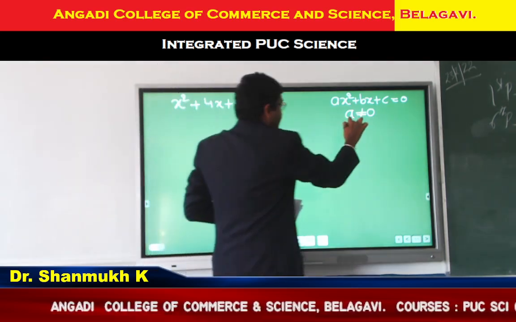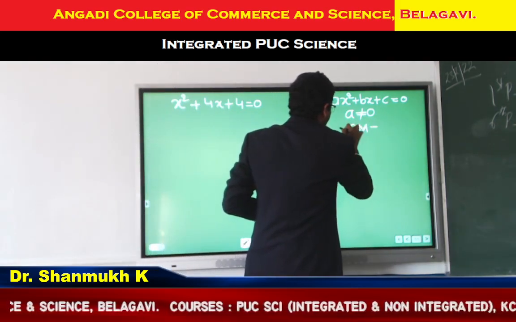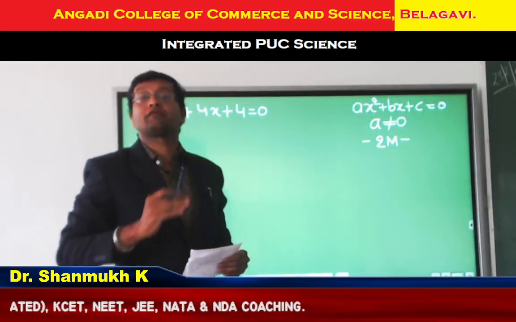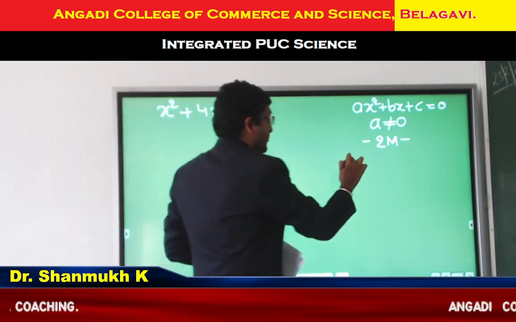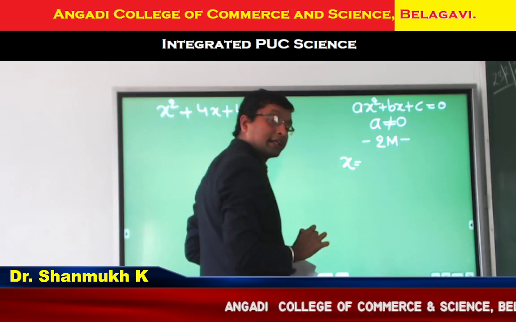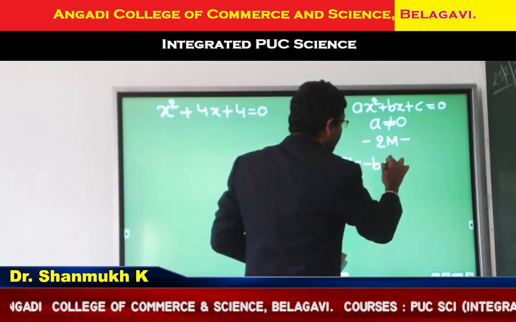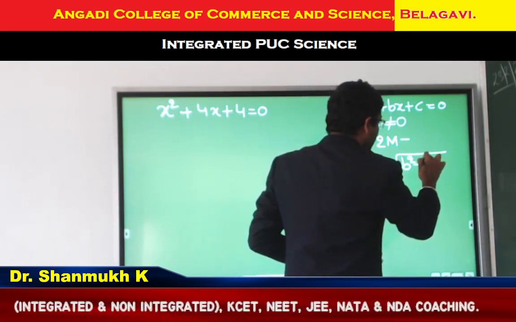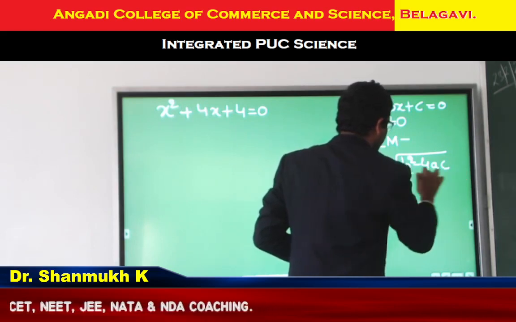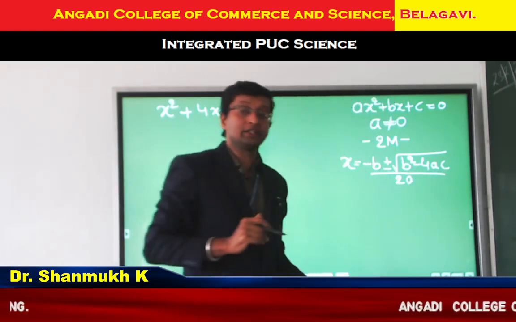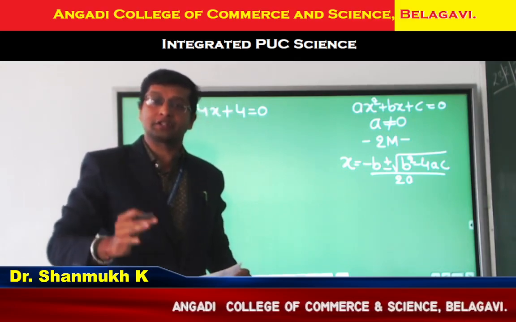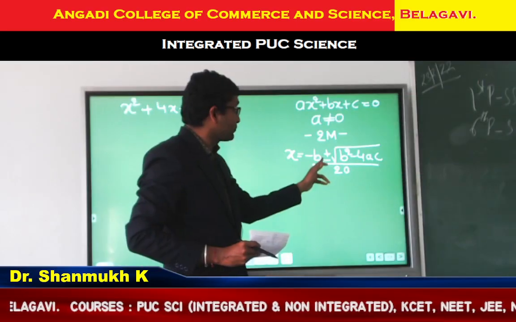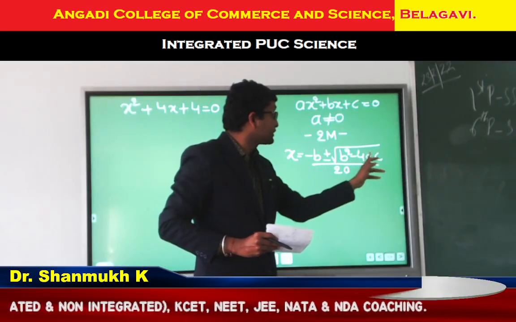For 2 marks, you will get a question on quadratic equation: solve the following quadratic equation using the quadratic formula. The quadratic formula is x equal to minus b plus or minus under the square root of b square minus 4ac, divided by 2a.